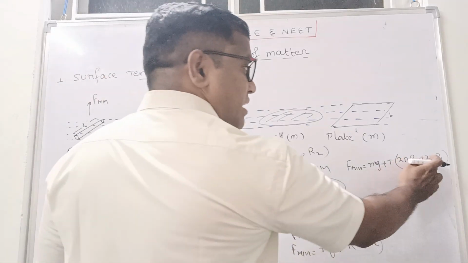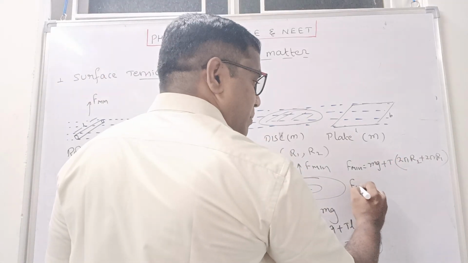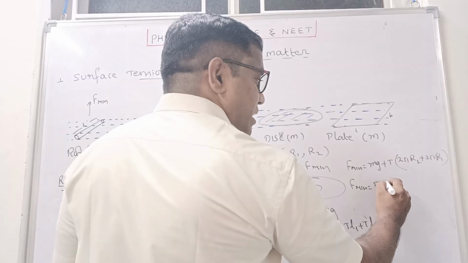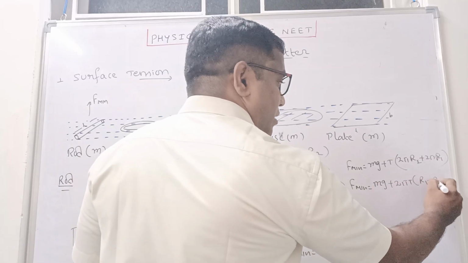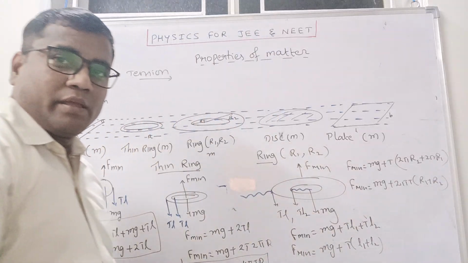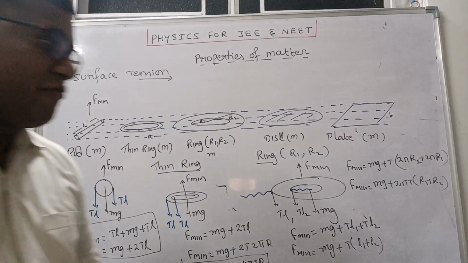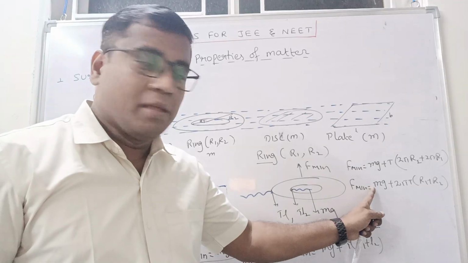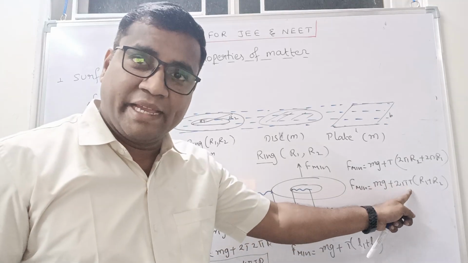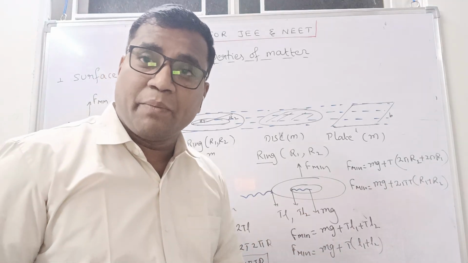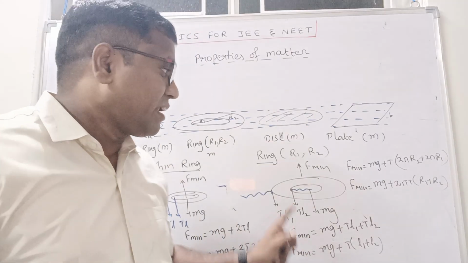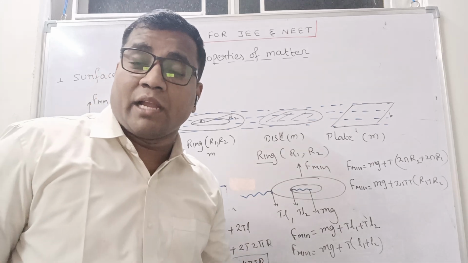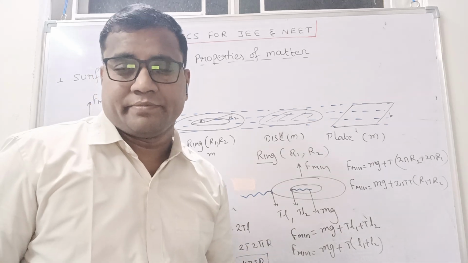Here also 2 pi is there. We'll take it common. So F minimum can be written as mg plus 2 pi T into R1 plus R2. Am I clear? F minimum is equal to mg plus 2 pi T (R1 plus R2), the minimum force which we have to apply to lift the ring having internal and outer radius.